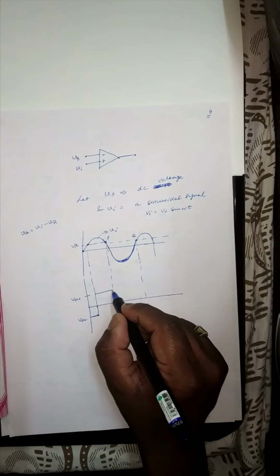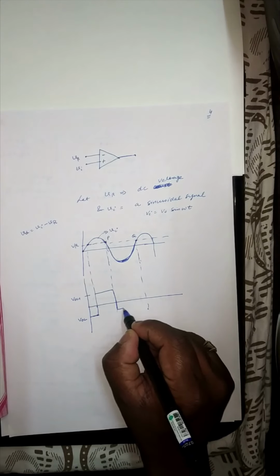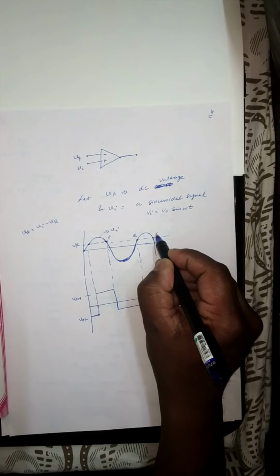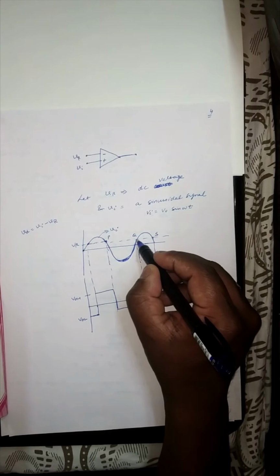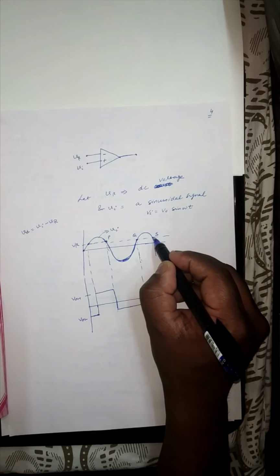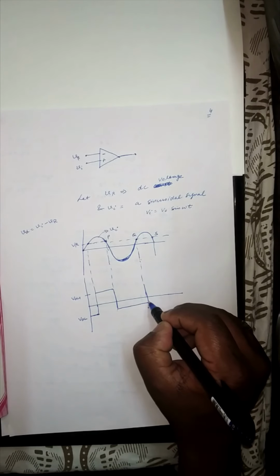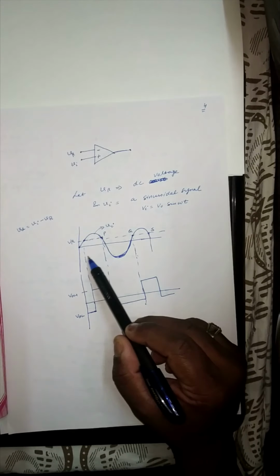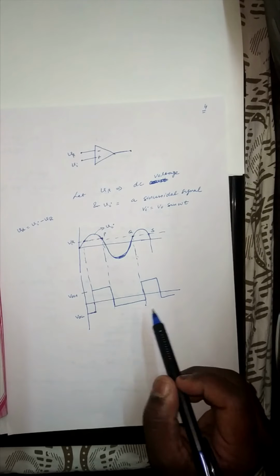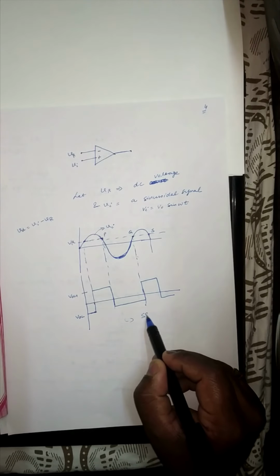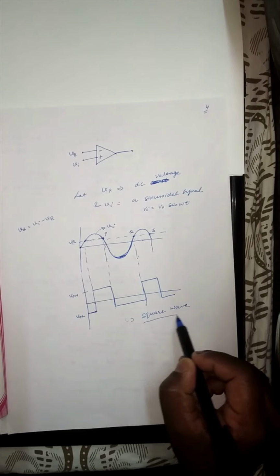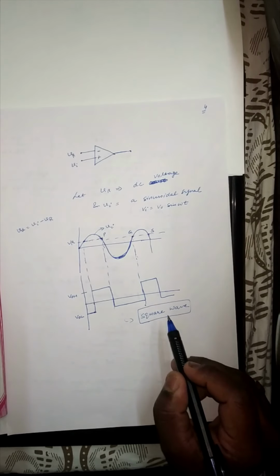It means that our output will be VOL. And from point Q to S, the value of VI is again greater than VR. So we can compare these two signals, VI and VR, and we will get a result which is a square wave. So in this case we can compare two types of signals.